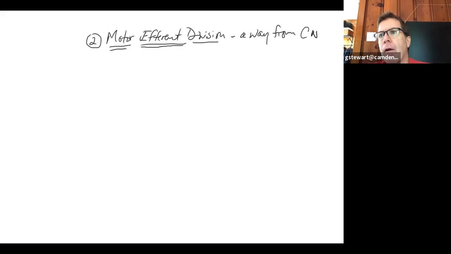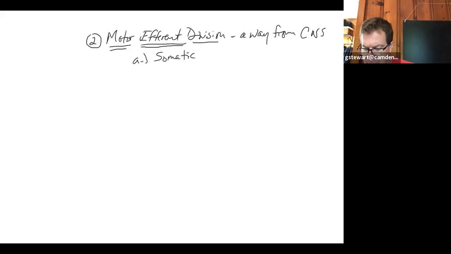This is what's going to carry all of the commands that the central nervous system issues in response to the sensory input. And there's what we call the somatic arm of the motor efferent division.